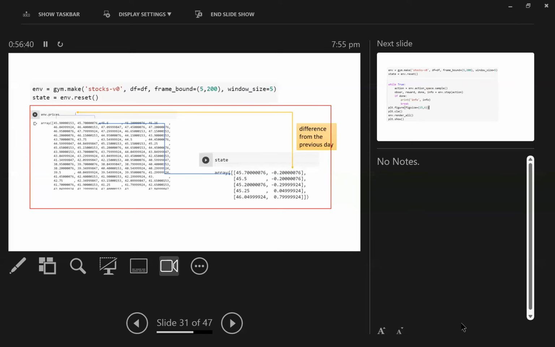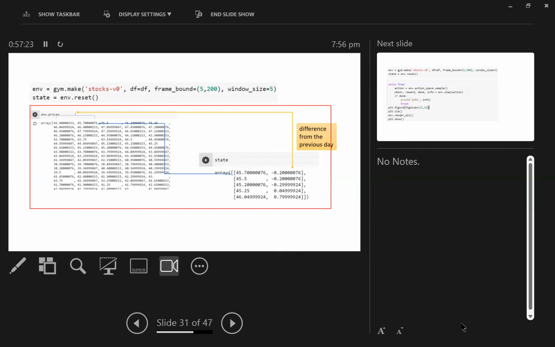Right, so basically it's very interesting. When we start, it will also give the difference of today's price with the previous price, the stock price of the previous day. Even though the first window starts at 44.7, this one will show you the difference between today's stock price and the stock price of yesterday.